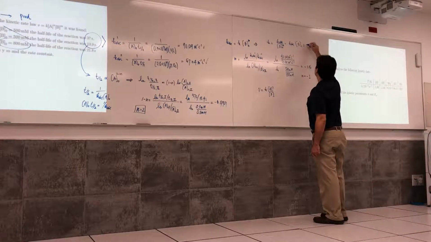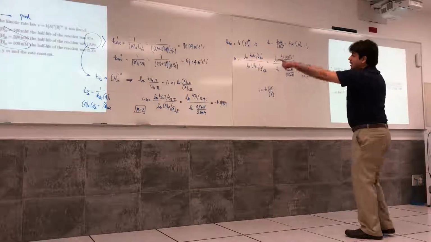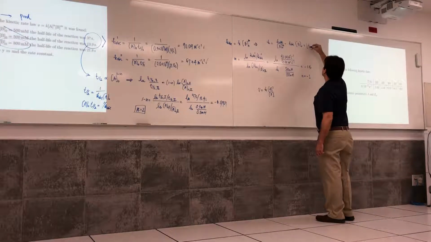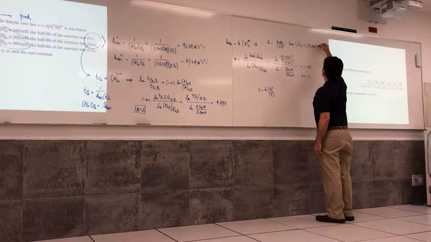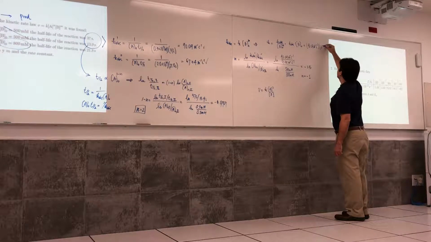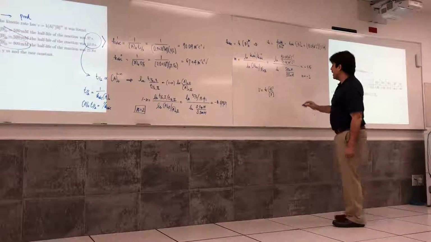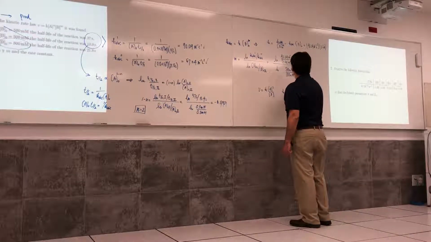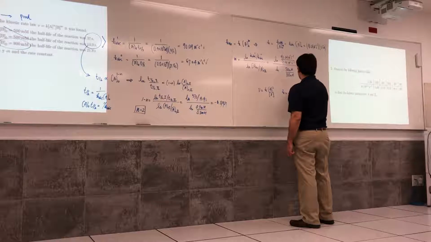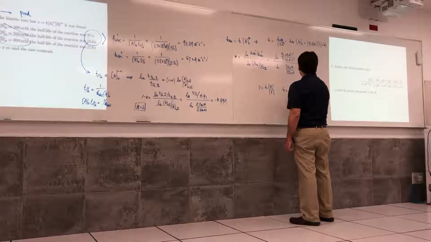And this is K observed, 90.09 molar minus 1 seconds minus 1 times 500 millimolar, 0.5 molar. And we get K out of this, and K is 45.045.